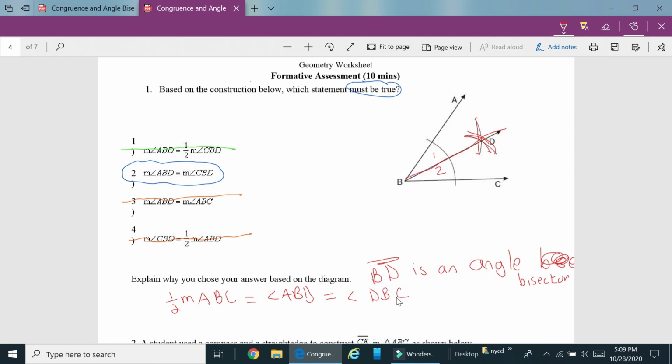Because that's the definition of an angle bisector, to divide, to break these two angles up into two equal pieces. I hope that helps.